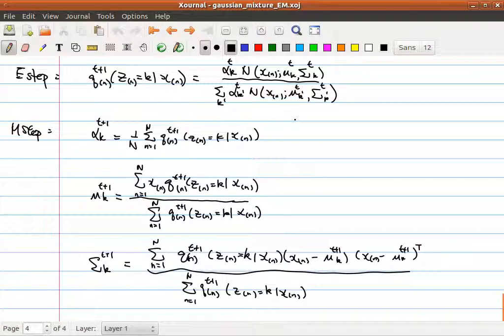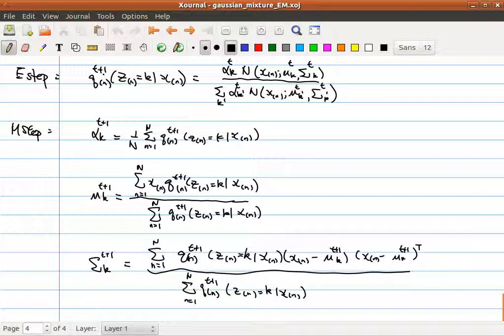Okay, let me try to summarize here. Basically, we have these steps as shown here. The first is trying to find, for each data point xn, the corresponding membership, or the distribution of membership, of this data point, whether it belongs to any particular distribution k.